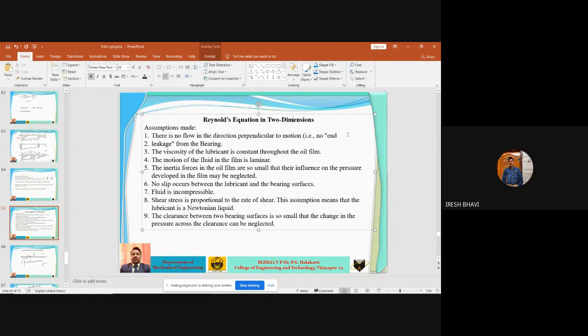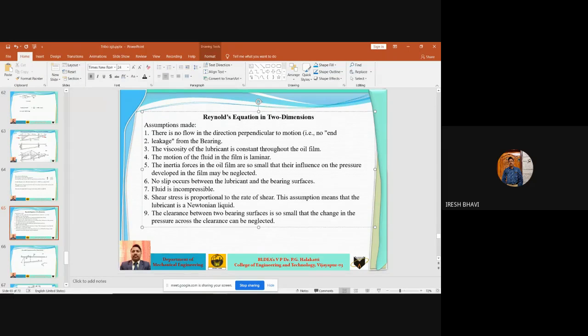Okay. The main assumptions made in the Reynolds equation are: the first one is that there is no flow in the direction perpendicular to motion. That is, the motion direction we are considering is the positive x direction, and perpendicular to this motion is the z direction. It means along the z direction, that is perpendicular to this plane.